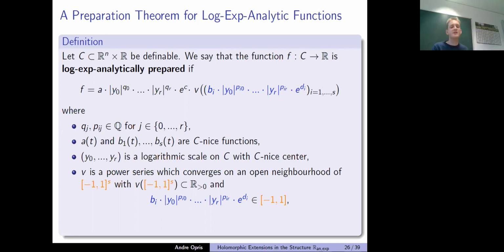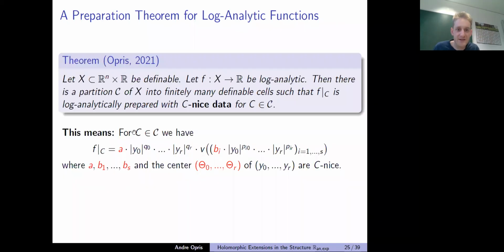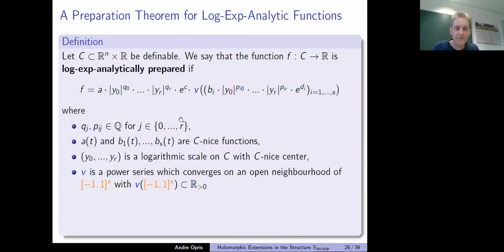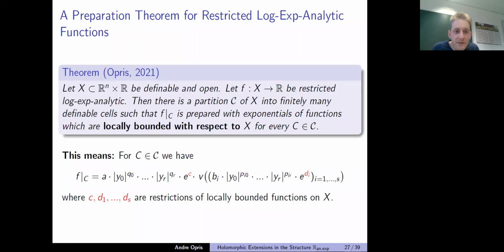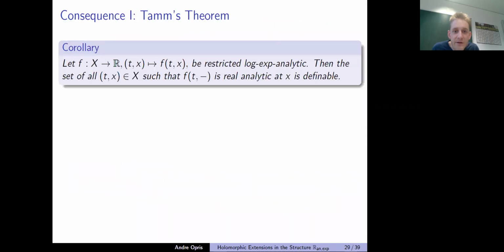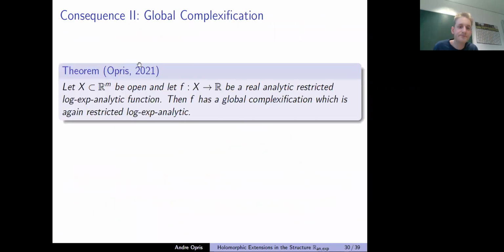So of course, what I have is a version of this for a family of functions, yes. So actually the idea is, if I establish global complexification, then maybe I go to where I have formulated this here.